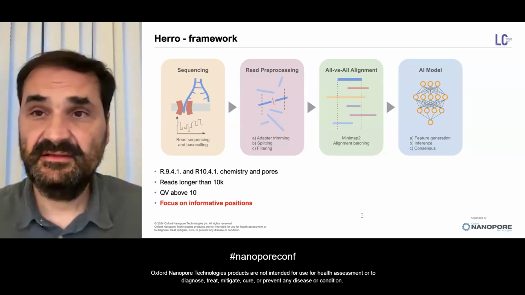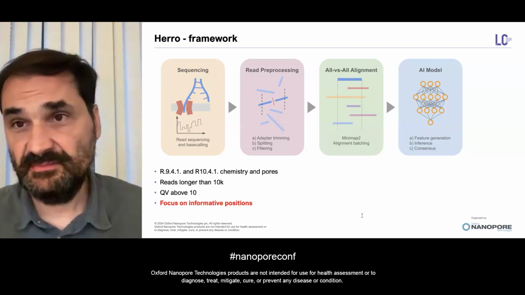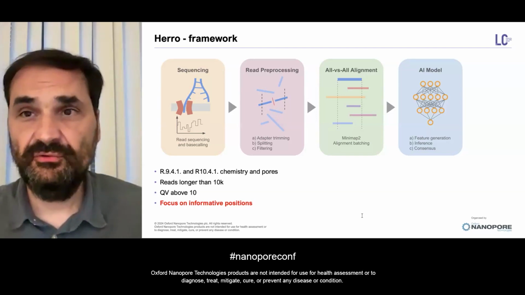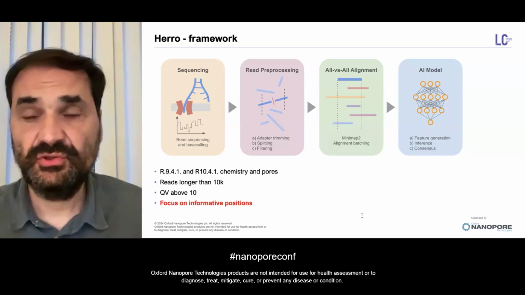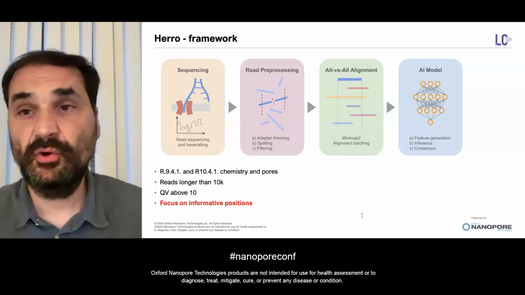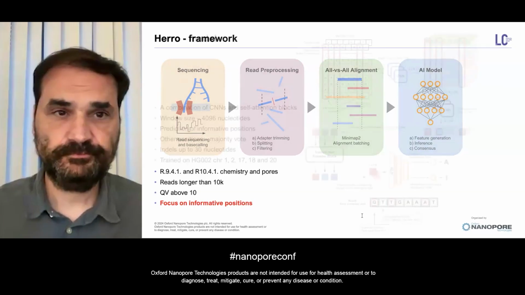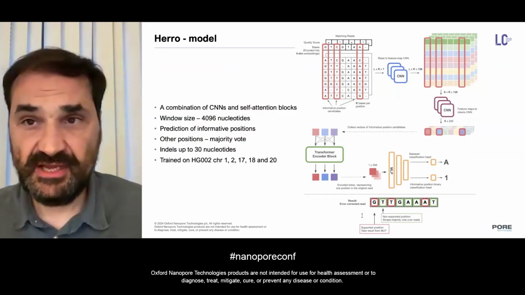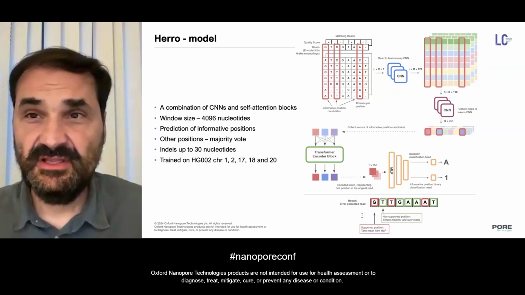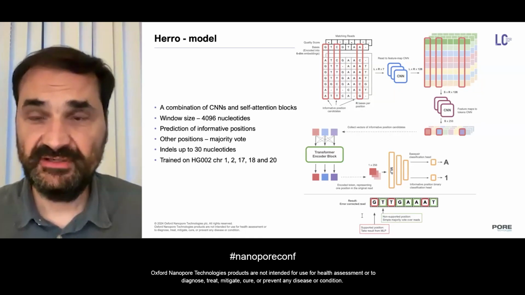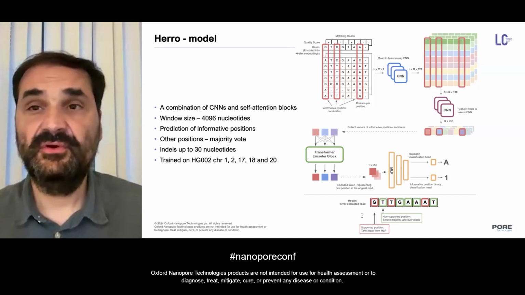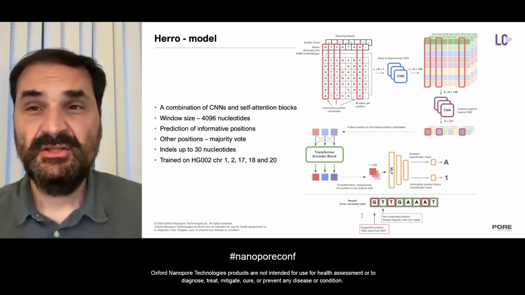And at the end, we use some AI models to recognize all these informative positions so that we do not overcorrect them. HERRO works for both R9 and R10 chemistry. The requirement is that we use reads longer than 10,000 nucleotides and with quality value above 10.